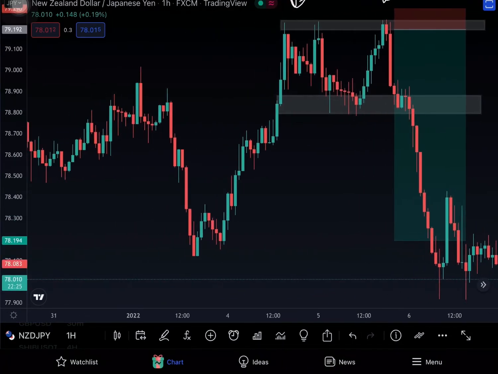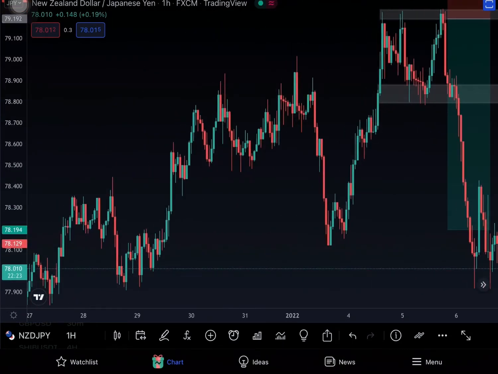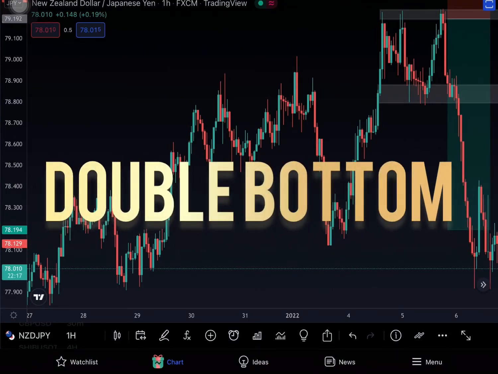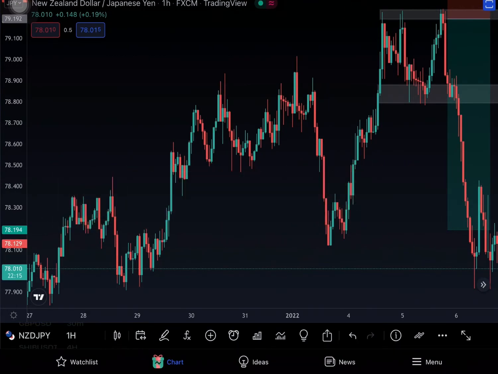So this is the double top pattern, as I told you, and let's look for a double bottom pattern that is the same as the double top, but it's on the bottom. Exactly. So as you see in here, we have a great double bottom.